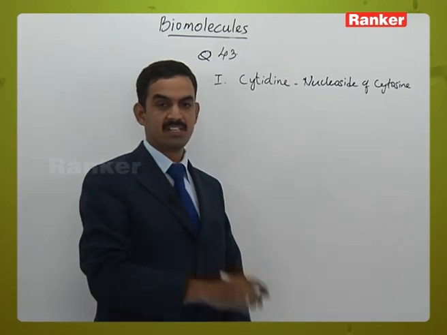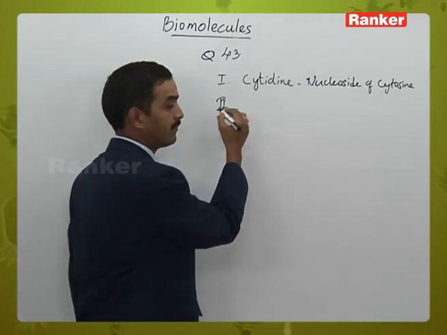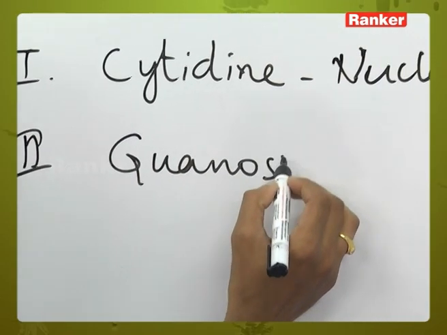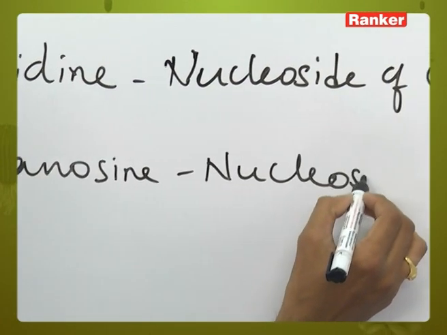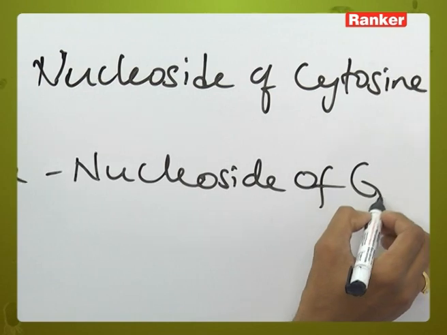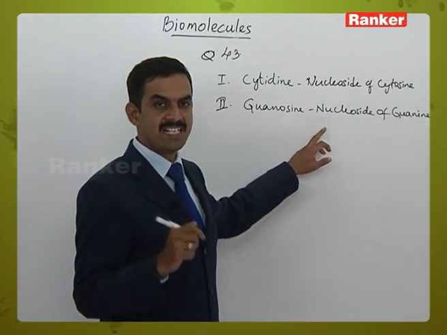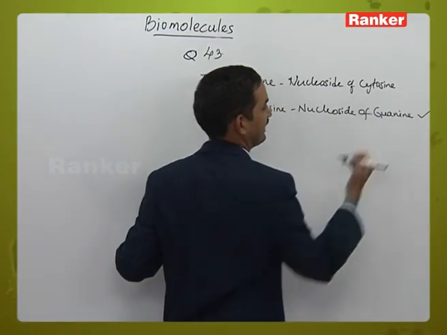But in the option it is given as a nucleotide of cytosine. The second one is guanosine. Guanosine is a nucleoside of guanine. So in the option they have given the correct one, nucleoside of guanine. So this is correct.